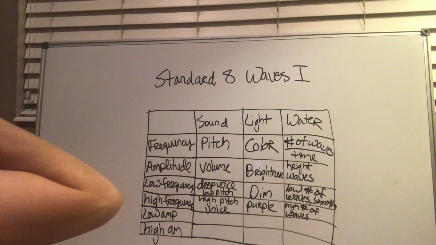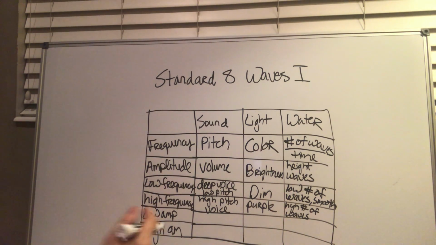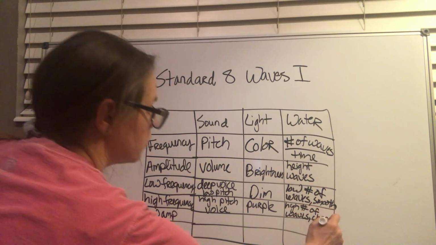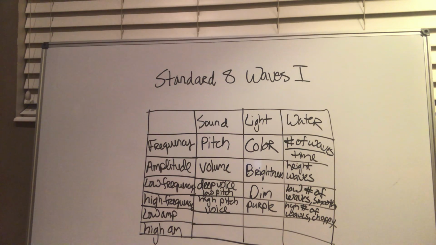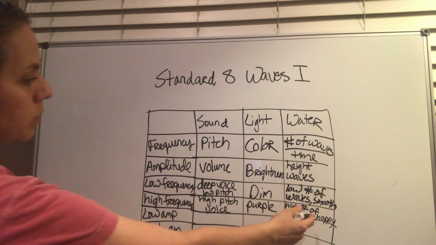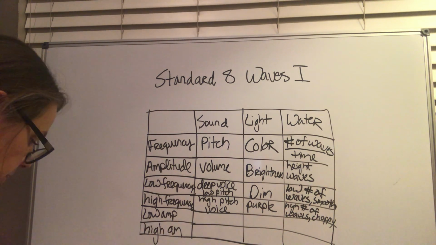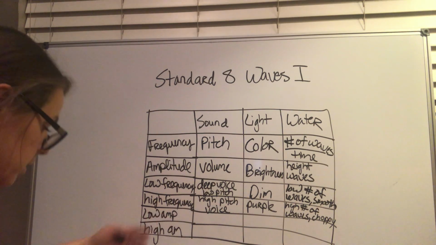So for a surfer, that's good, like we said, but if you're on a boat out in the ocean, it's choppy. If you water ski, that's when there's high frequency of waves in the water, then you're going to experience choppy waters. Okay, low amp, that's low amplitude.